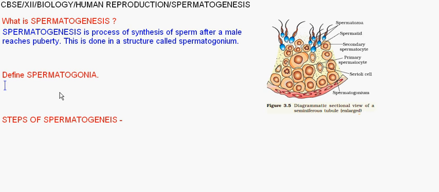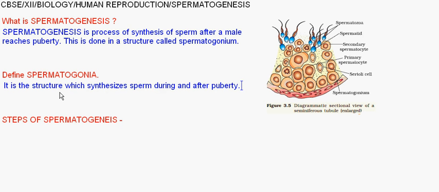It is the structure which synthesizes sperm during and after puberty. I repeat, spermatogonium, plural spermatogonia, are the structure which synthesizes sperm during and after puberty.